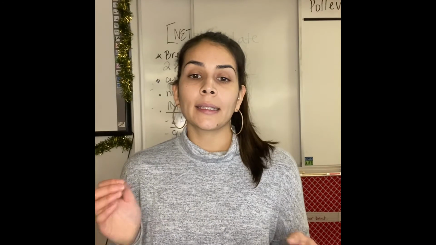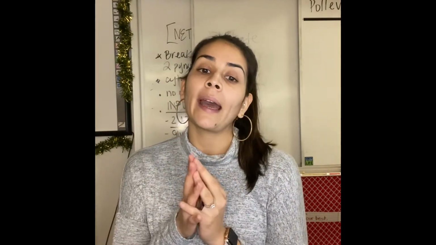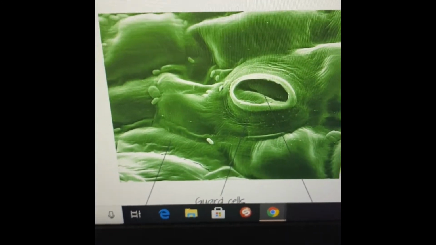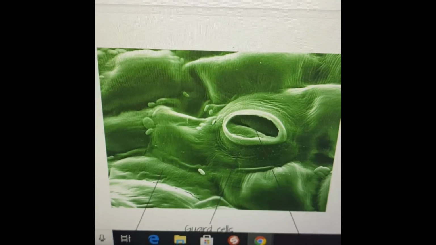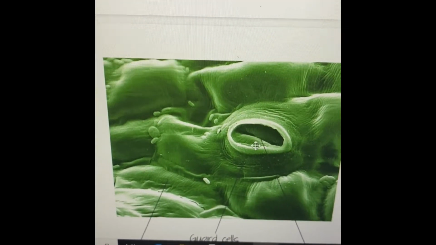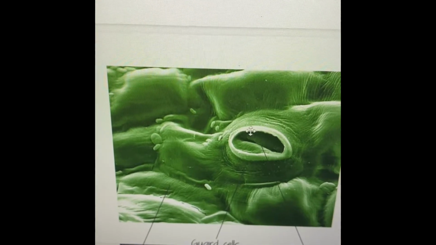So the plants have, on their leaves, something called a stomata. And you can see the stomata here. So this is a leaf, and this is the stomata. And what it is, it's literally just a pore or a hole.